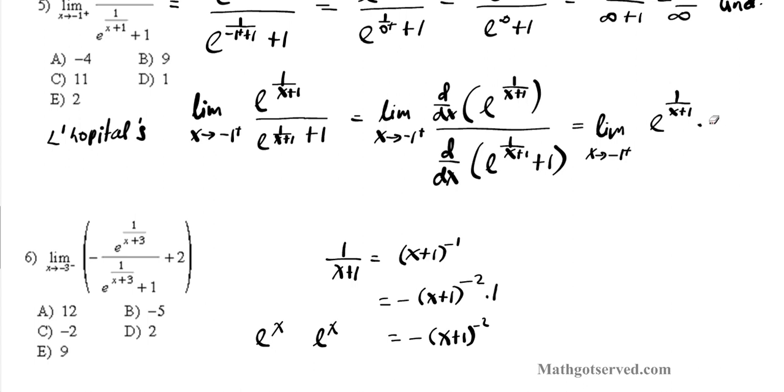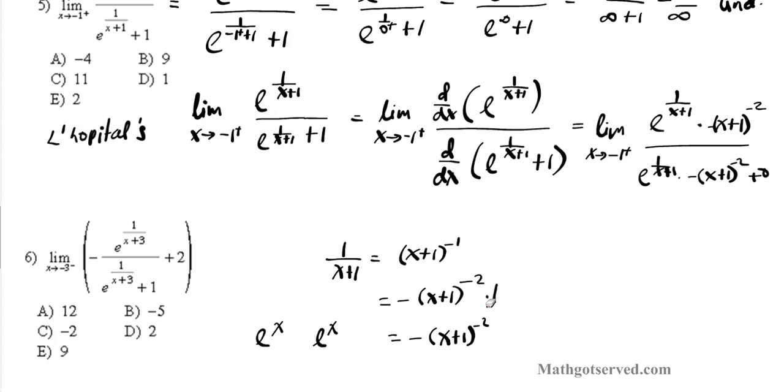So we're going to put it down here, -(x plus 1) to the -2 power, divided by, same thing here, e to the 1 over x plus 1 times -(x plus 1) to the -2, and then the derivative of 1 is just 0.